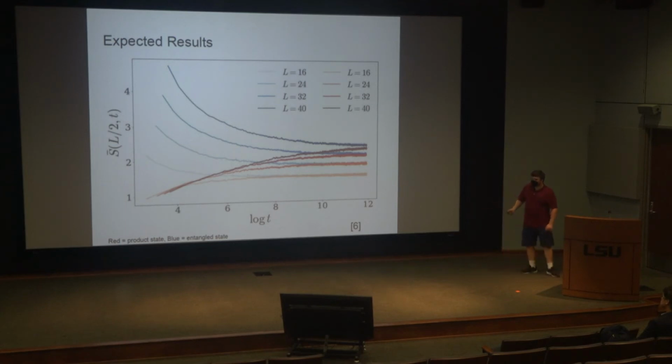The red lines represent performing this simulation on a circuit or a lattice with a product state, which basically starts out with no entanglement at all. So you see it starts out here at the bottom and it begins to grow. The entangled state is a lot of entanglement, basically the opposite of the product state. It starts up here, but then it shrinks.